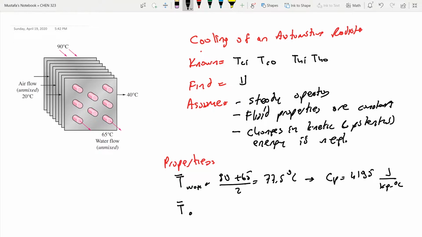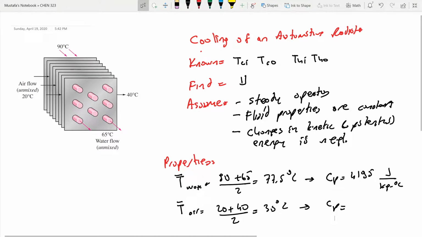T air is 20 plus 40 divided by 2. This is 30 degrees Celsius. And Cp in this condition, so we don't need this Cp here.